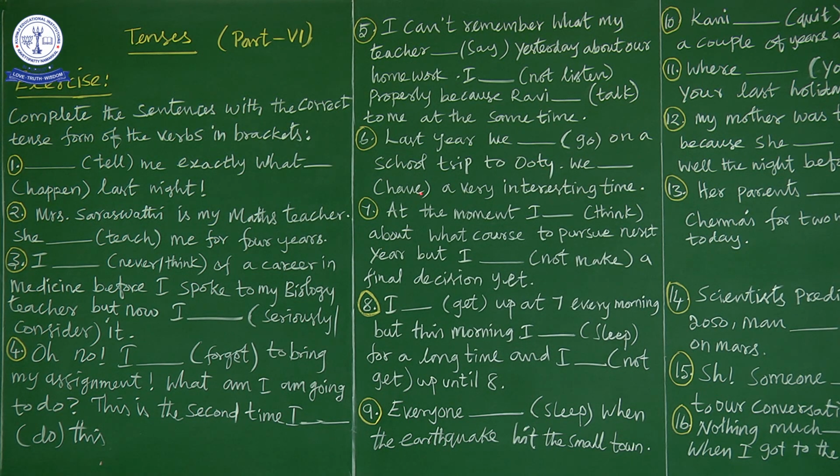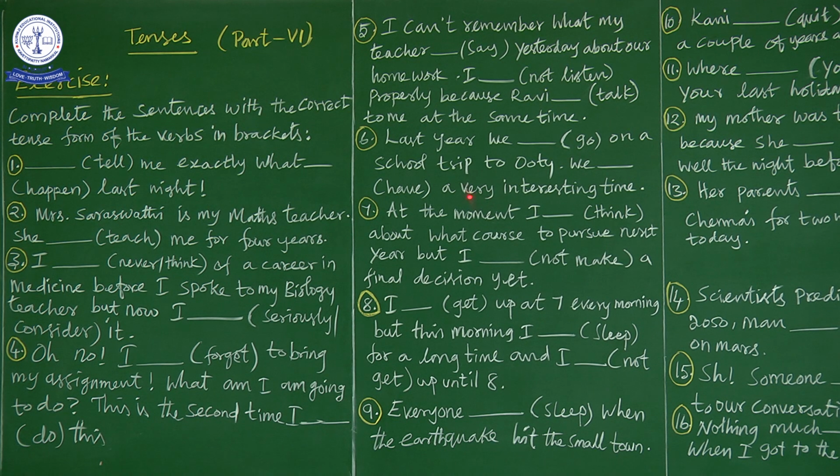So we have a very interesting time. What does this interesting time refer to? This Ooty trip. So it is past tense. In the previous sentence we used past, so naturally the second sentence should also be in simple past tense. So have has to change into had. Last year we went on a school trip to Ooty.